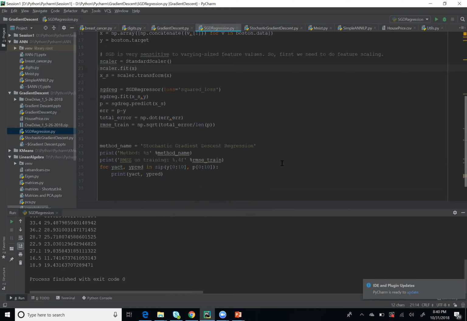I didn't print out the error, but if you look at the root mean squared error for this, it will keep on reducing with every iteration. You see the total root mean square error on this is 4 point something. And these are the values you get with what you have predicted.